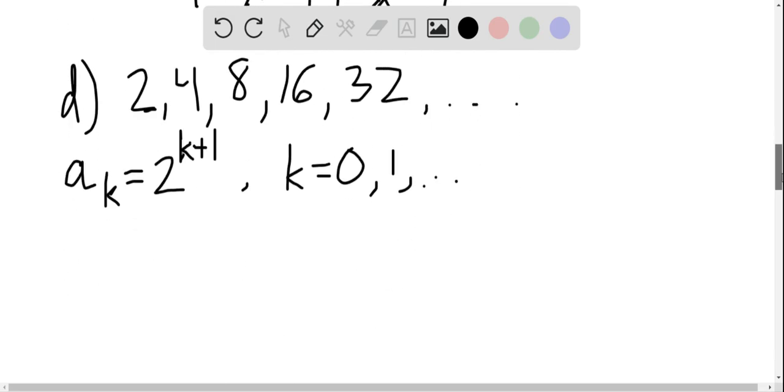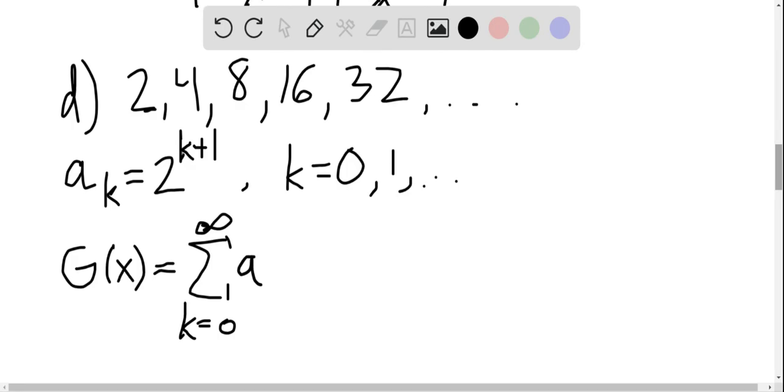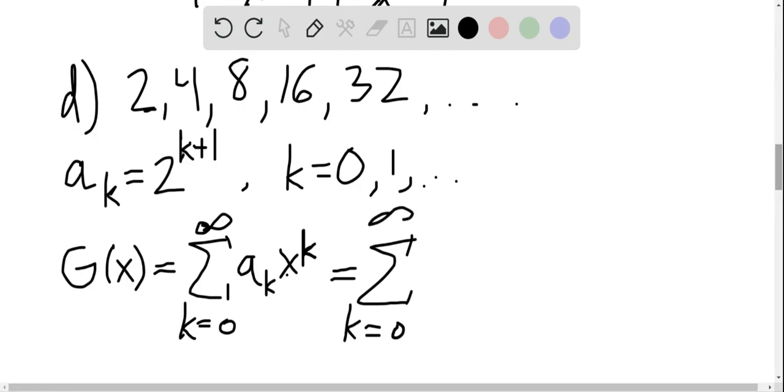And we have that the generating function for this sequence, if we say g of x is equal to the sum from k equals 0 to infinity of a_k x to the k, then this is going to be equal to the sum from k equals 0 to infinity of 2 to the k plus 1 x to the k.